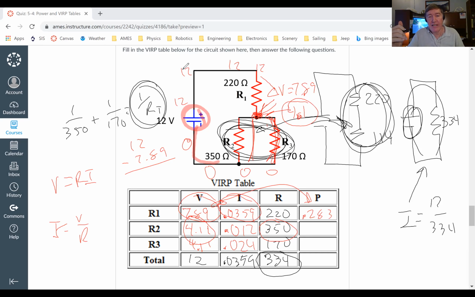So 283 milliwatts. And now for the next one, I do 4.11 times the current, which is 0.012, and I get 0.049, or 49 milliwatts.